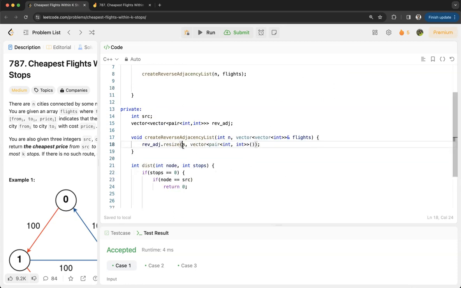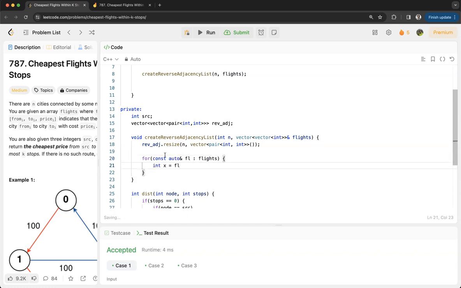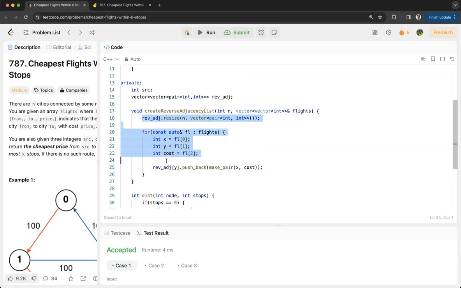So we have n of them, vector of pair of int and int, and it's empty. We don't have anything here. And then we iterate over our edges. That's it. Now we have the reverse adjacency list.